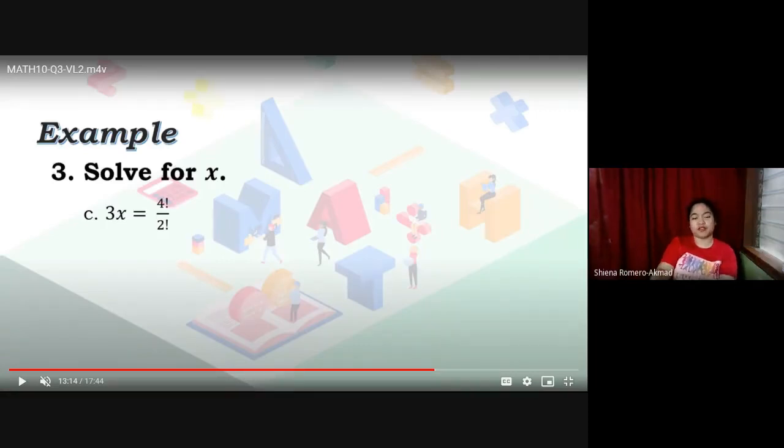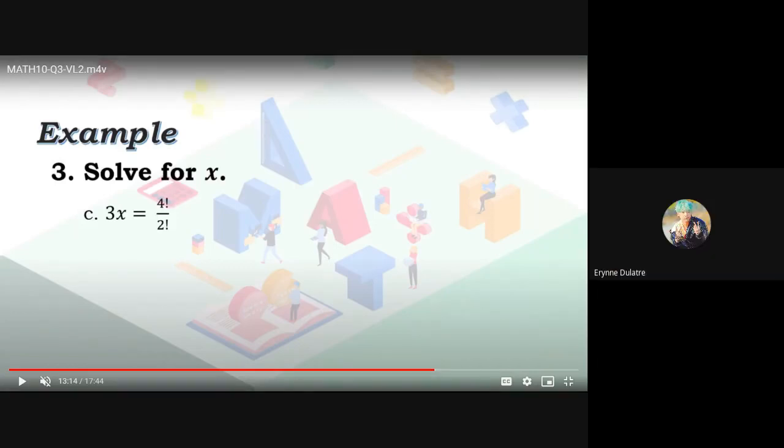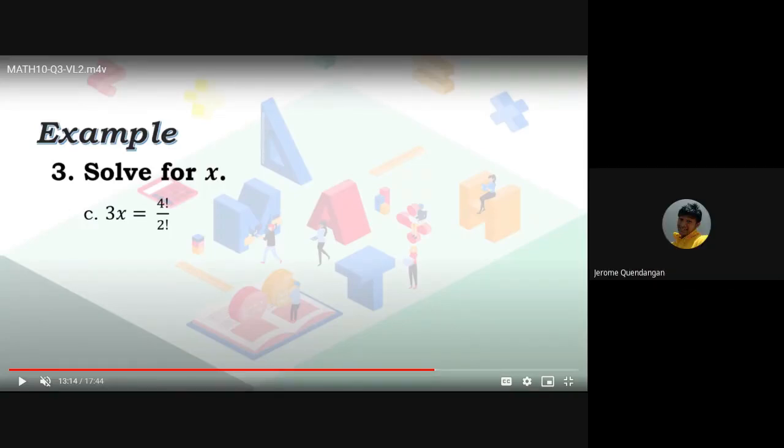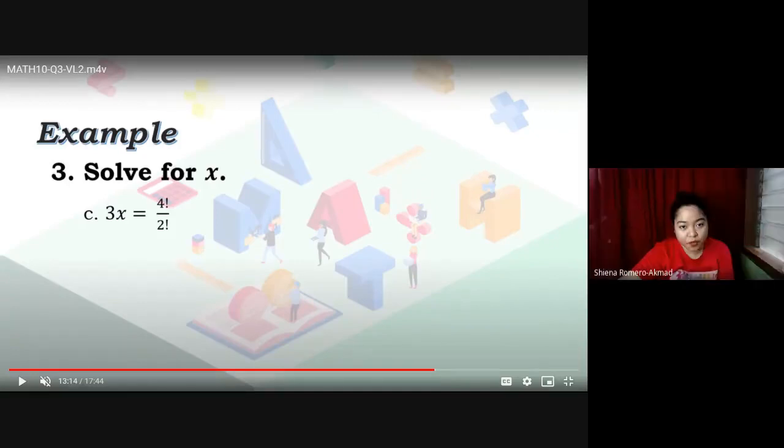What is 4 factorial? 6 po. 4 factorial is 24. 24.